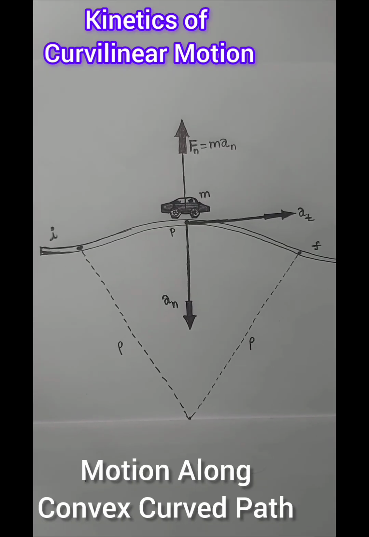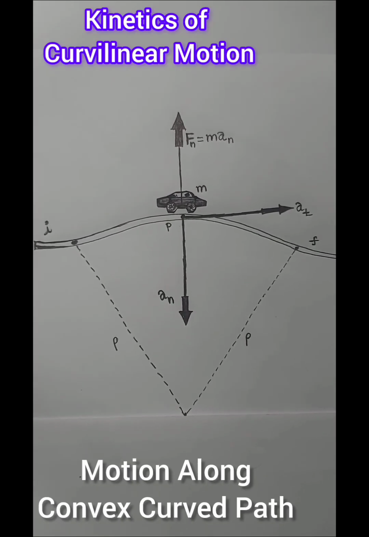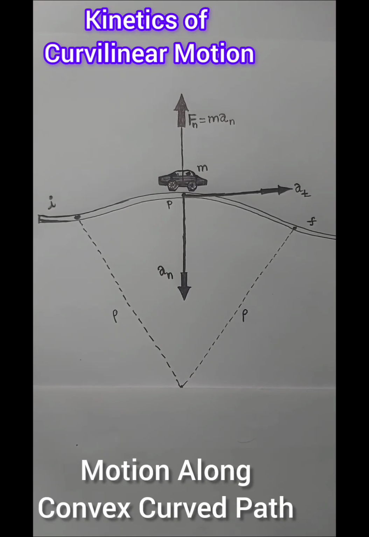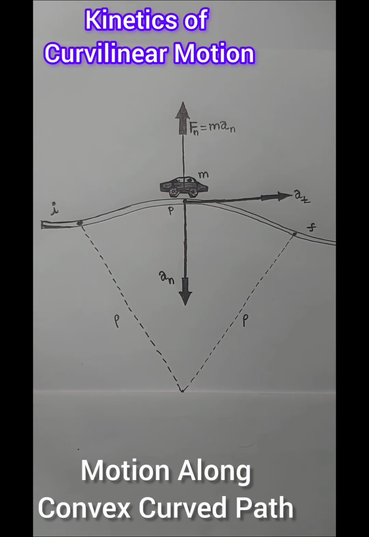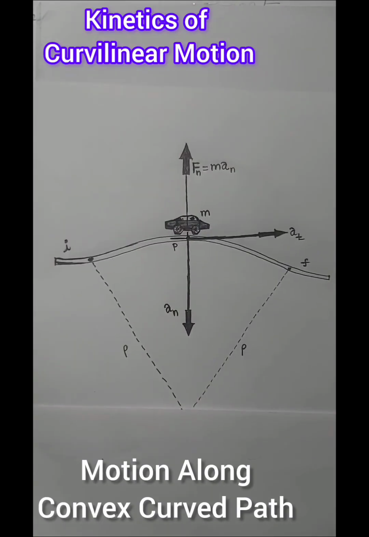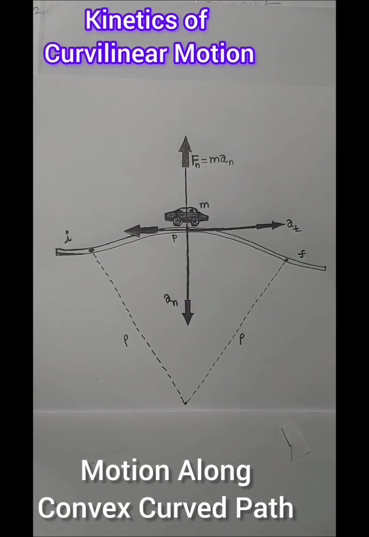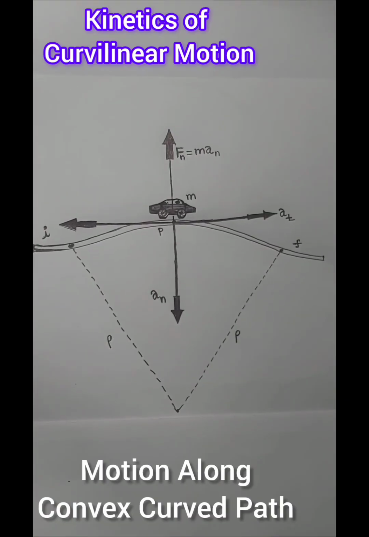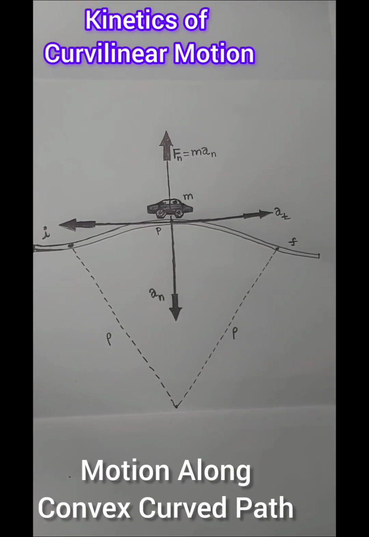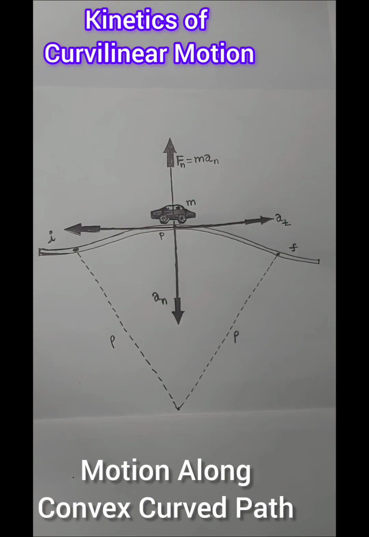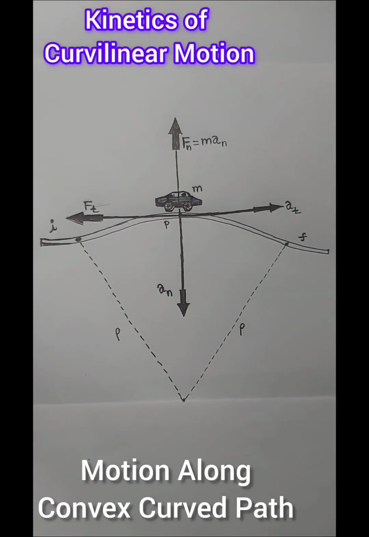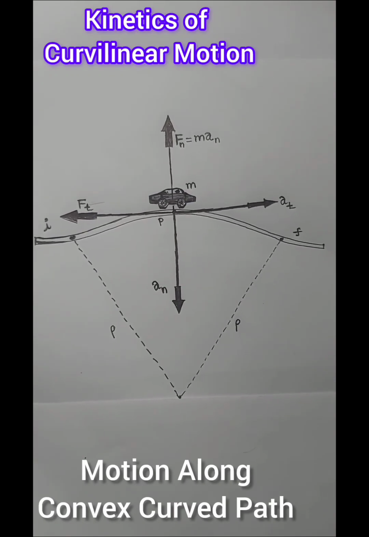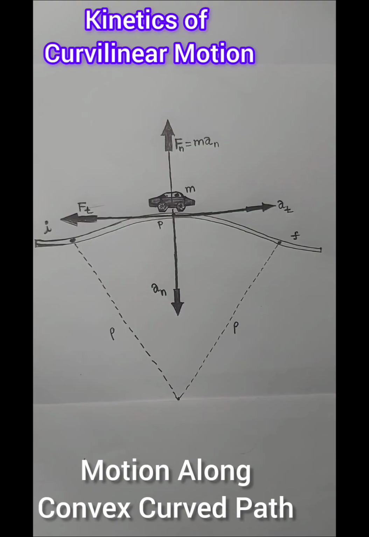In the same way, opposite to the tangential acceleration at, a tangential inertia force will be generated within the moving particle from initial to final. The inertia force generated within the moving particle opposite to the tangential acceleration is considered as Ft. We can estimate that inertia force from the mass of the moving particle m as m into at.